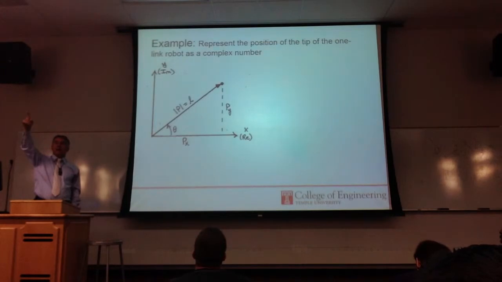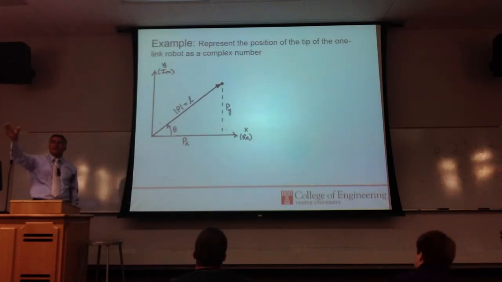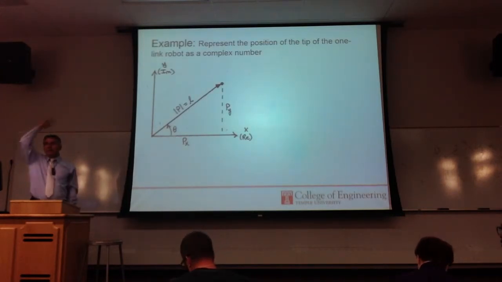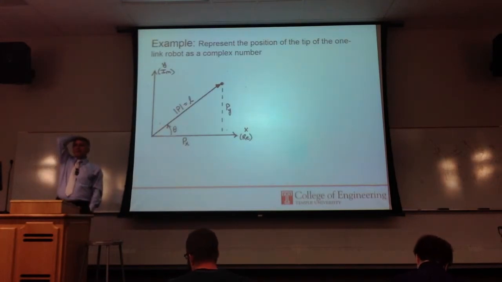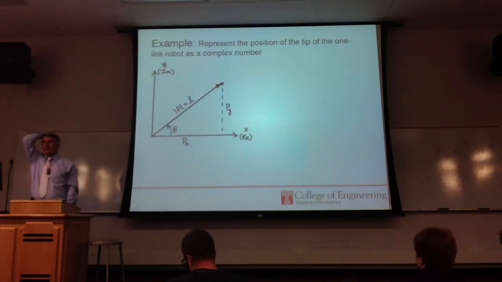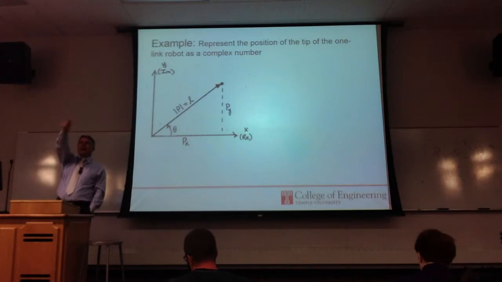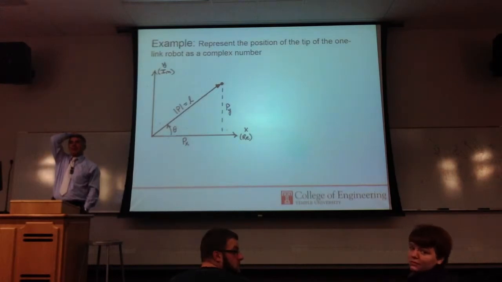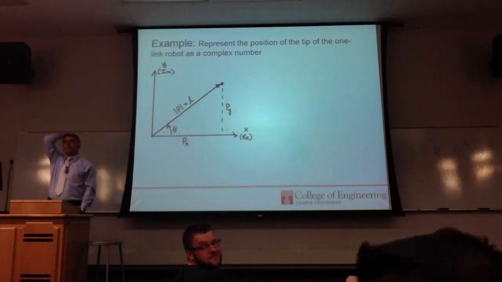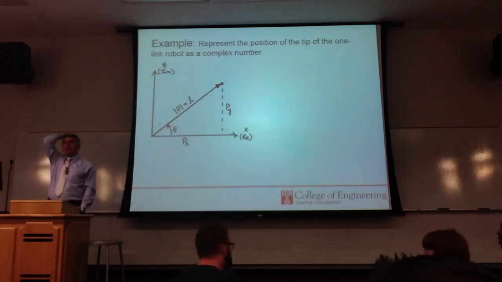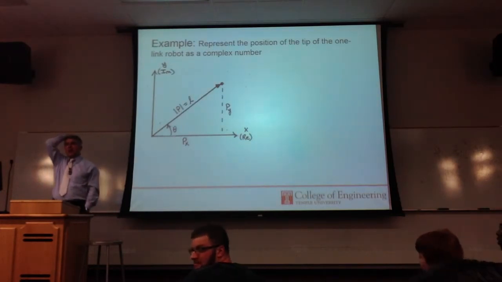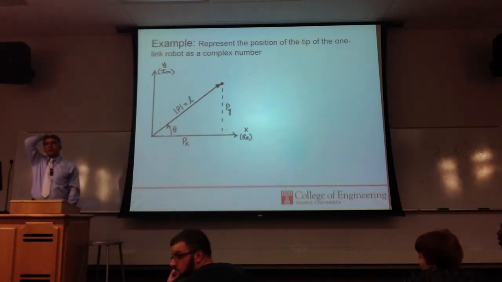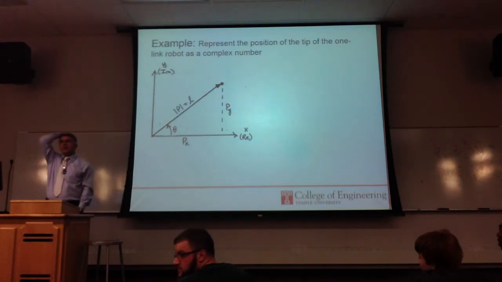Somebody's going to volunteer and be the hero. 365 on your t-shirt. What's your name? Go on, take a crack at it. I want to use px and py using the I and J unit to describe the position of that. What do you say? P is equal to?